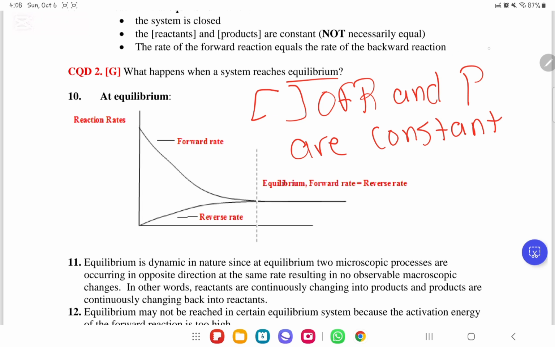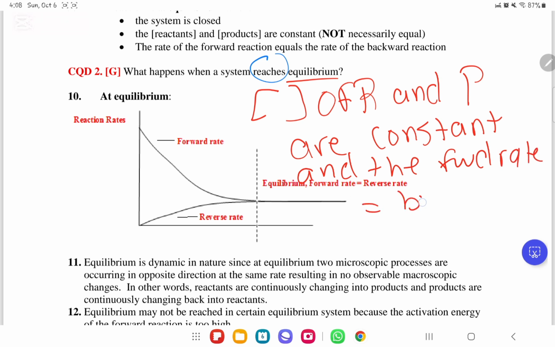Now remember, we said there's a difference between reaching equilibrium and recognizing equilibrium. So here they asked us for reaching equilibrium. When we reach equilibrium, then the concentration of reactants and products are constant and the forward rate will be equal to the backward rate.